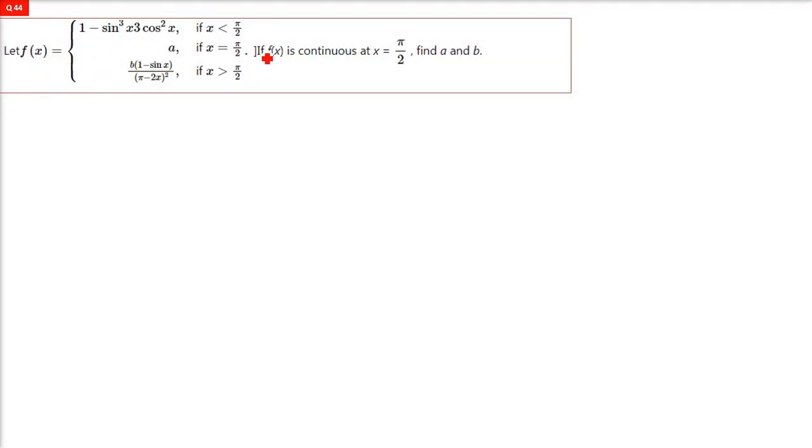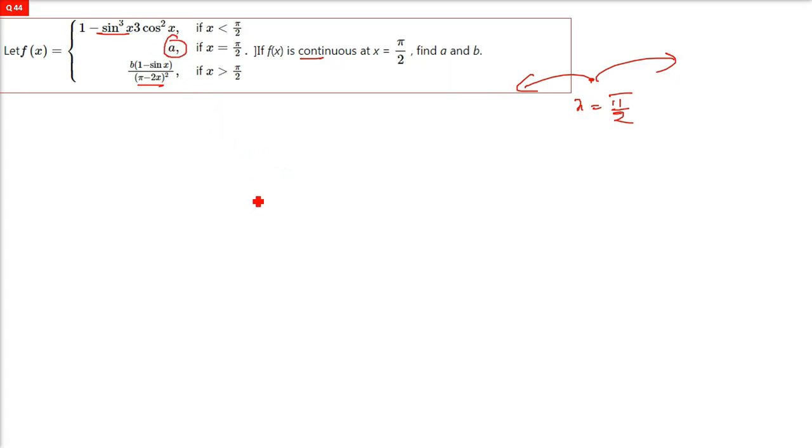Now this is function f(x), and x equals pi by 2 we have to check. f(x) is continuous at x equals pi by 2. Find a and b. So pi by 2 we are going to check. On the left hand side we take pi by 2 minus h, on the right hand side we take pi by 2 plus h.